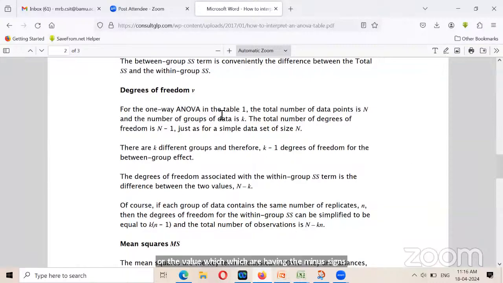For one-way ANOVA in the table, the total number of data points is n and the number of groups is k.